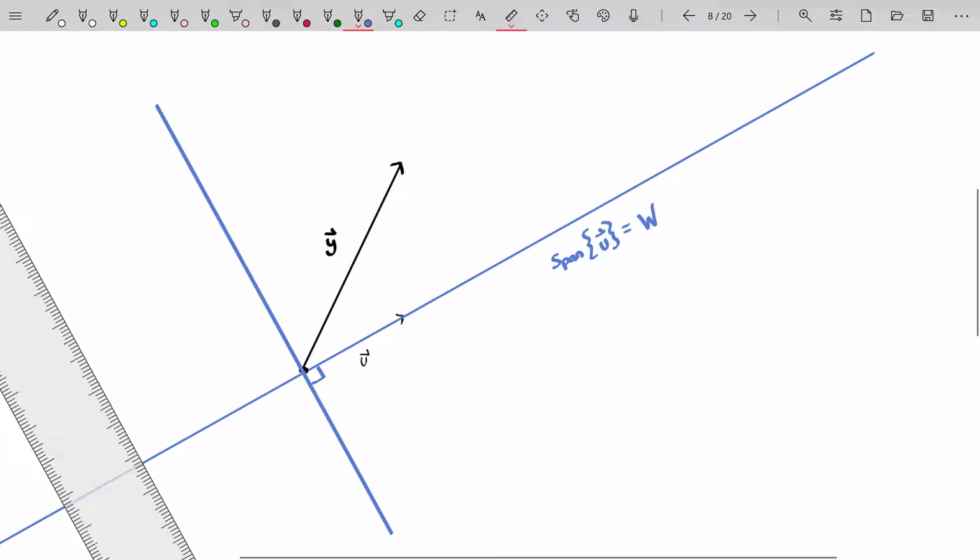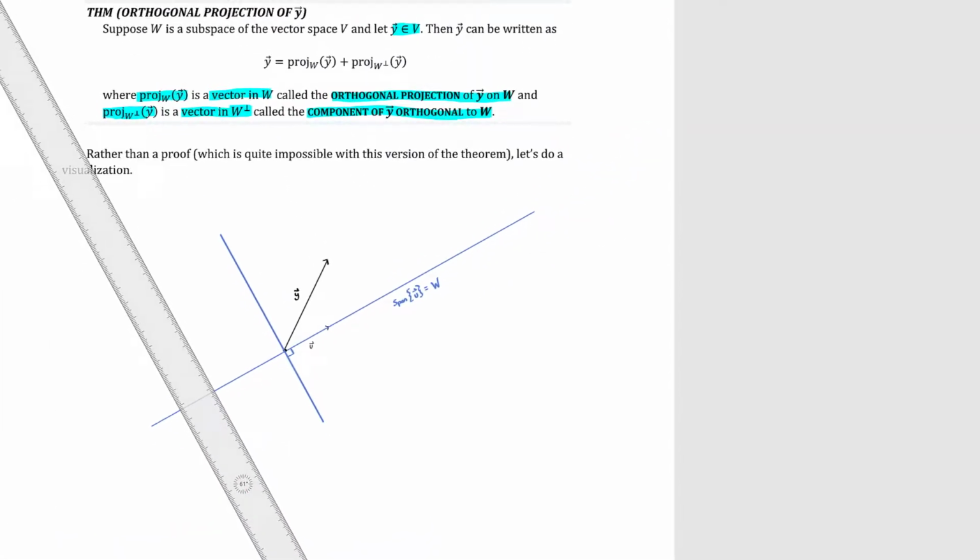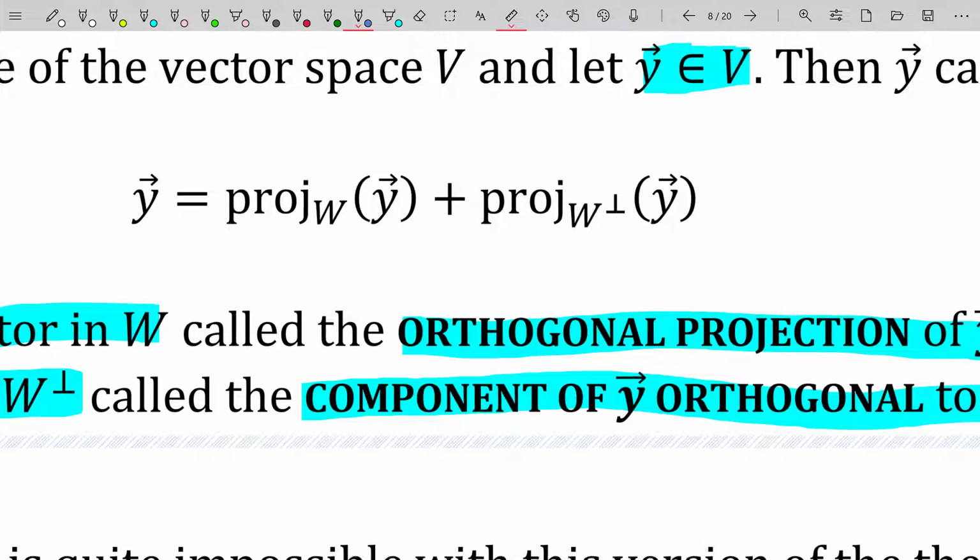So these axes are orthogonal to one another. They've just been tilted. And one axis is on the subspace W. The other axis will be perpendicular to that subspace W. Hence the language that I'm using up here. We're going to project Y onto the subspace W and also project Y onto the subspace W perp.